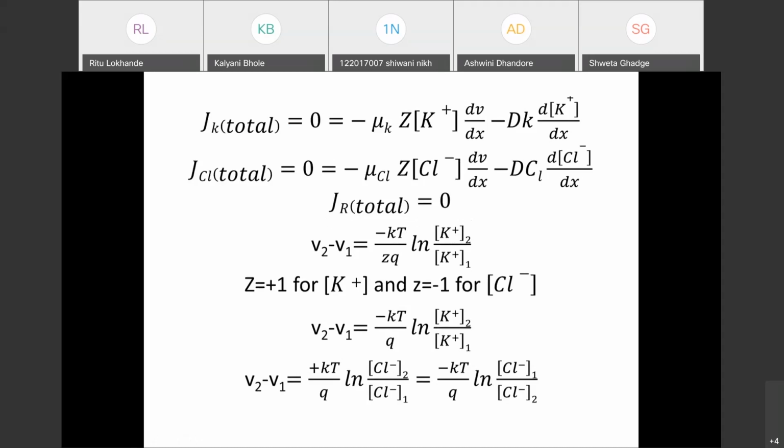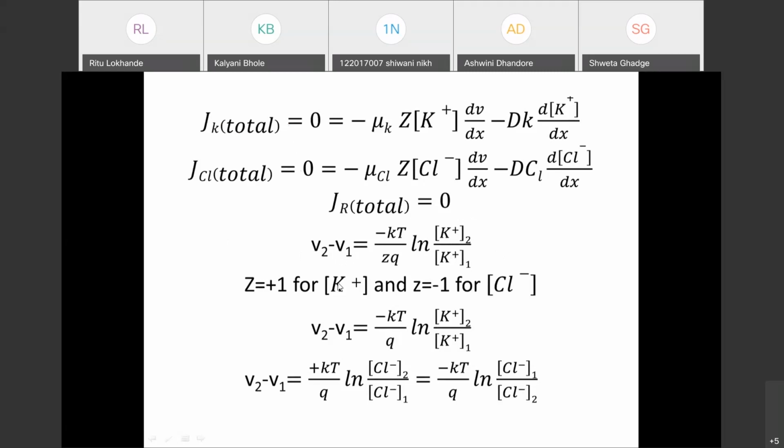From this we have calculated the Nernst equation, that is V2 minus V1 is equal to minus kT upon zq log of the concentration of K plus on the second side upon the concentration of K plus on the first side. This is the Nernst equation we had derived from this flow rate.